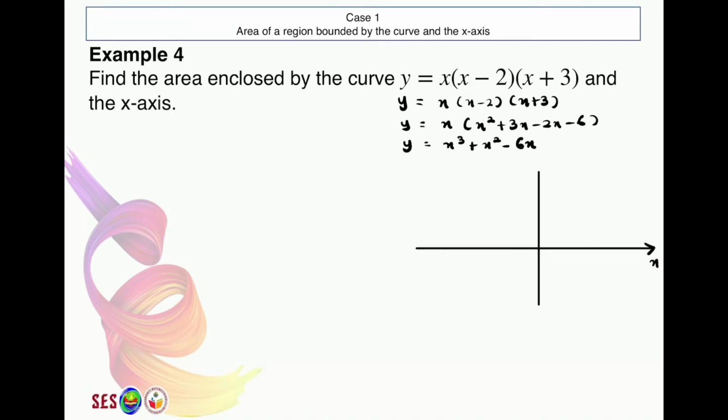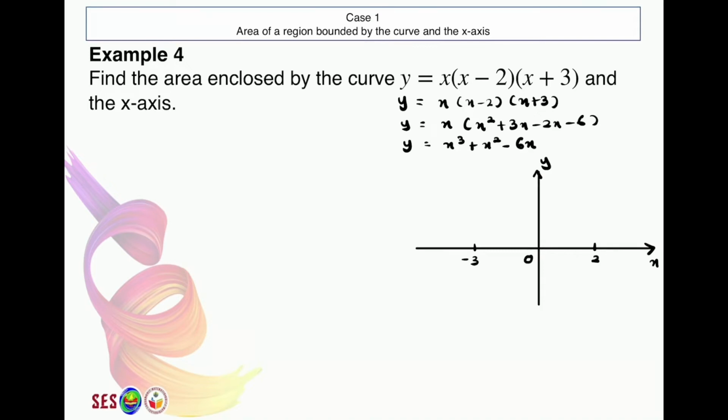So this is our x-axis and this is our y-axis. If you were to look into the function, when we put y equals 0, so when we want to find the x-intercept of the function, we'll get x equals 0, x equals negative 3, and x equals 2.